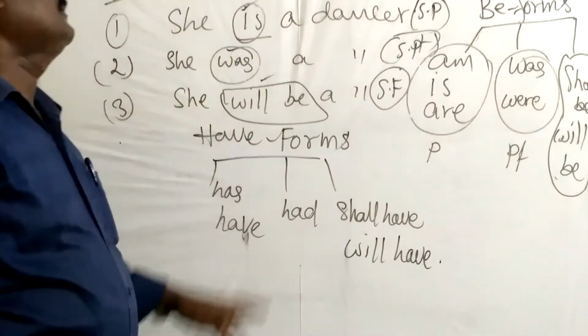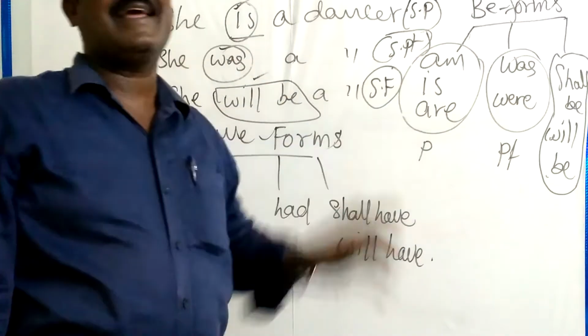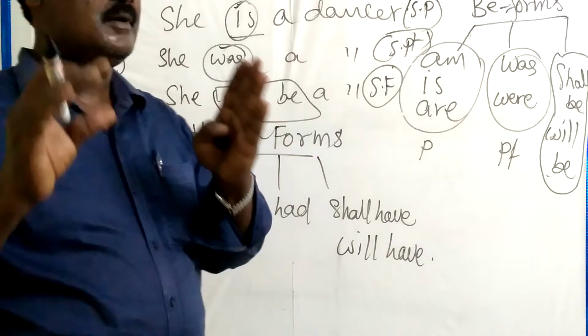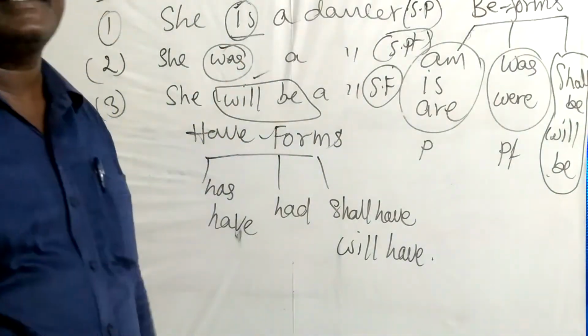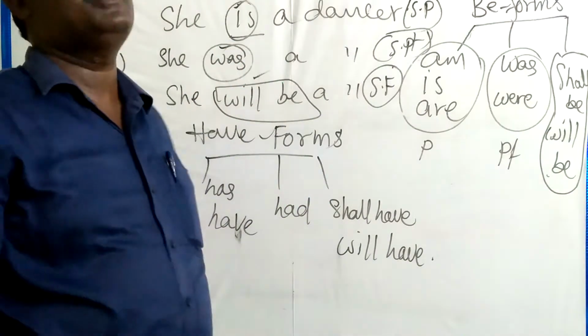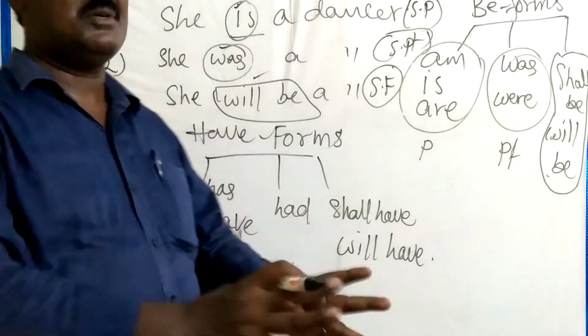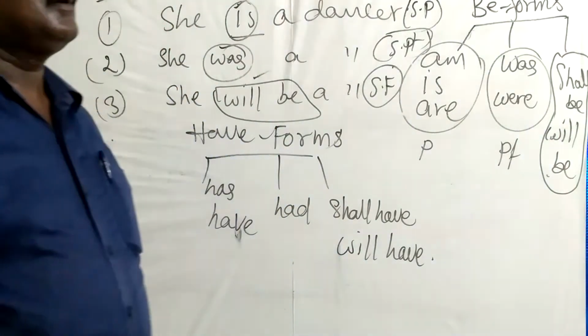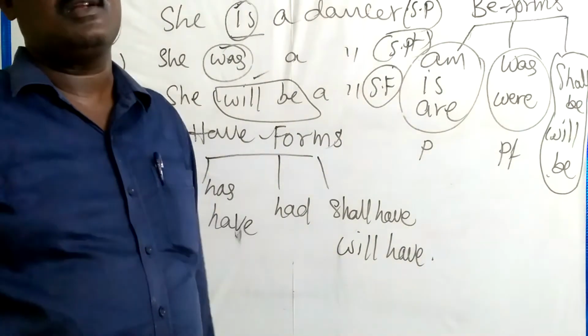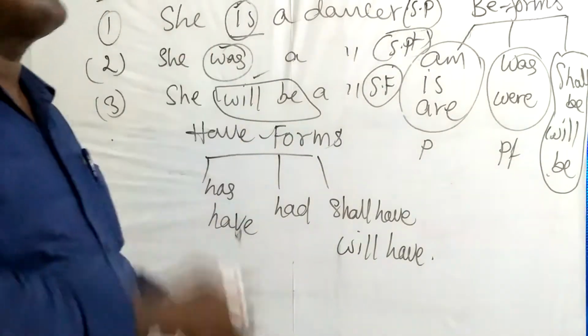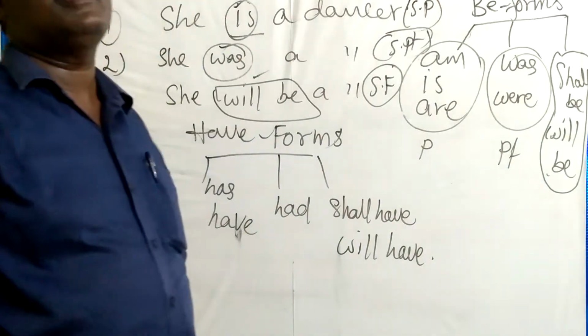See here, the be forms are expressing position, state of the subject, the existence of the subject, the nature of the subject, how the subject is. Profession or position or different qualities of the subject is expressed by be forms.